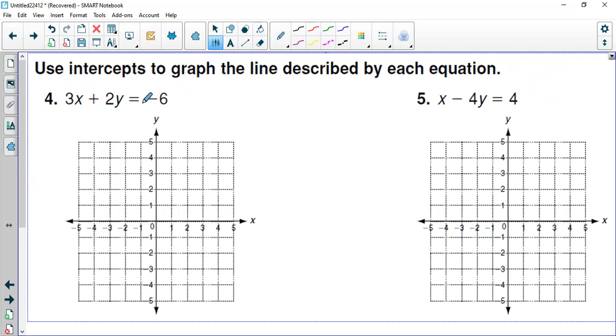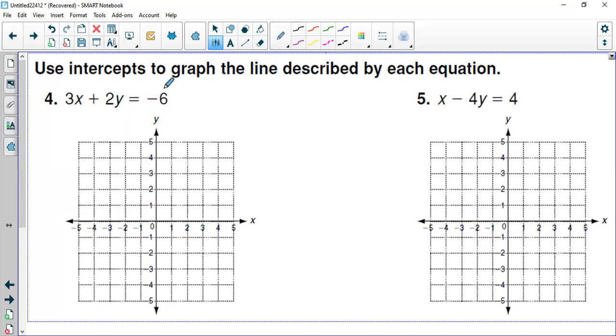Here you go. They have asked you to use intercepts to graph the line described by each equation. Now again, this is in the standard form of a linear equation, which is ax + by = c. In the previous lesson, I think we did not study this, or even in the other previous chapter.